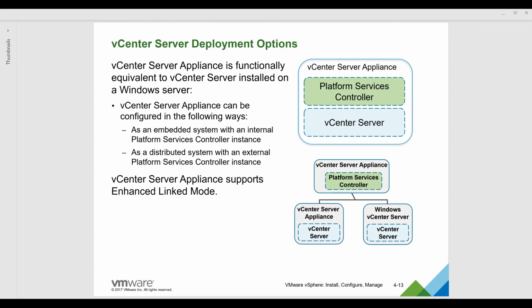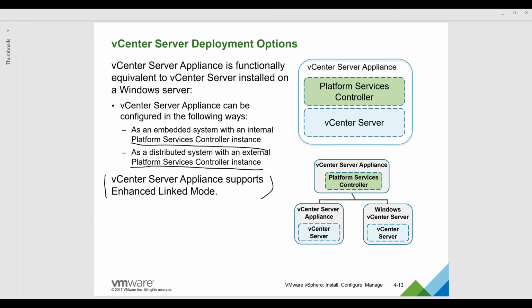Your vCenter Server appliance can be configured as an embedded system with an internal platform services controller, or as a distributed system with an external platform services controller instance. Now the vCenter Server appliance supports enhanced link mode. So let's talk about some of the differences right there. You can deploy the vCenter Server appliance on the ESXi host because it is a pre-configured Linux-based virtual machine.